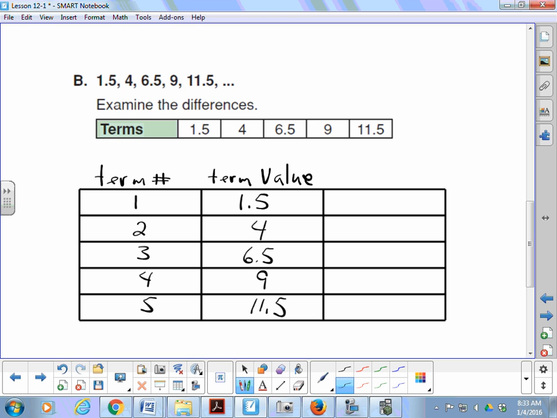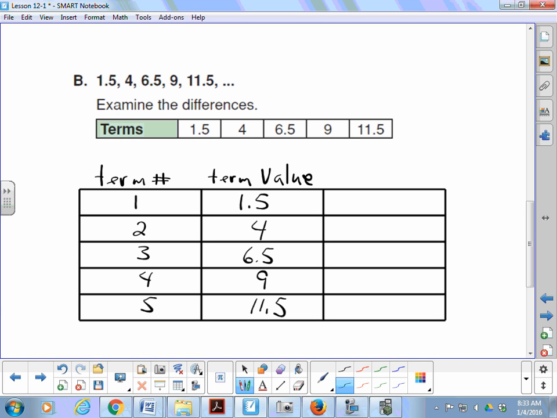All right, so in this case, what are they doing to get from the first term to the second term? Or to the third term or the fourth term? What are they doing each time now? Well, let's see.